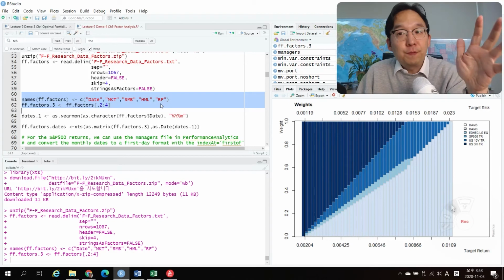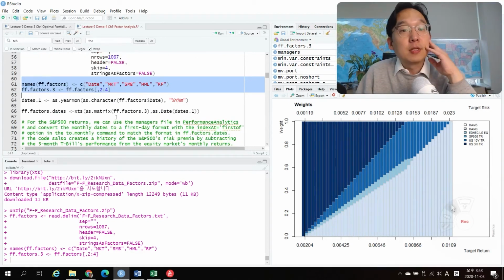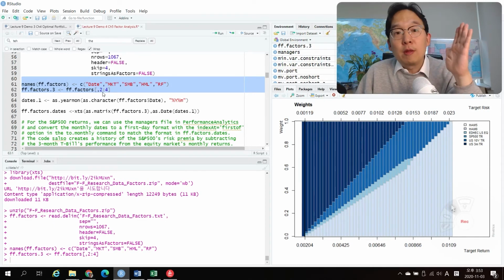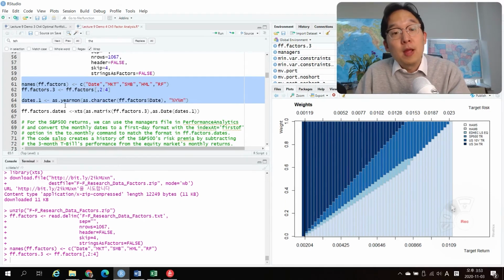And then the risk-free rate, RF, is obvious. Now for the Fama-French 3-factor model, what do you need? You need the second, third, and fourth column variables here. That's why we have 2 to 4. Extract them out and take them to FF3 factors. And then for year and month, you have to standardize the date format.